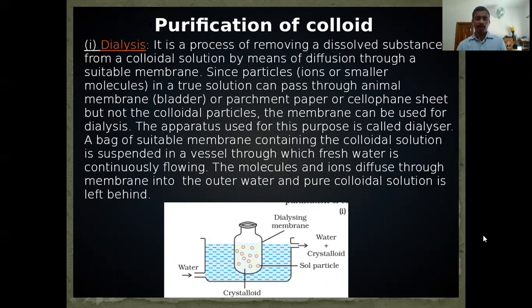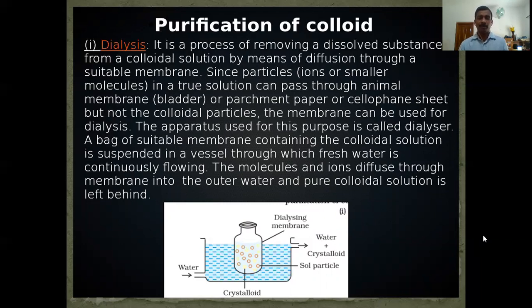So we have to remove these unwanted or excess electrolytes from the colloidal solution. That process is known as dialysis. What is dialysis? It is a process of removing a dissolved substance from a colloidal solution by means of diffusion through a suitable membrane.